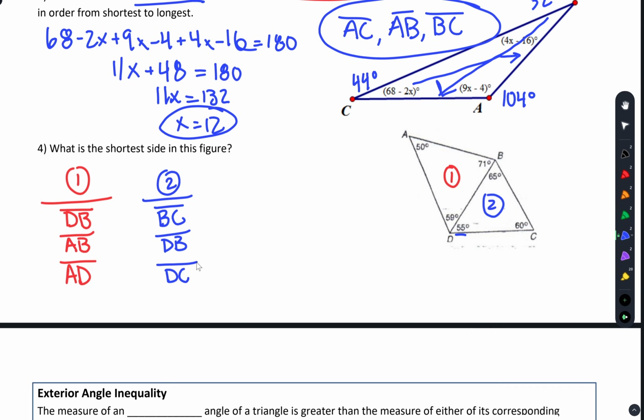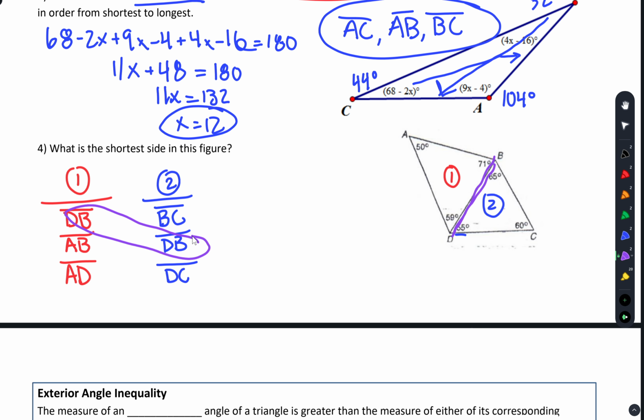What do we see here now when I compare these two triangles? Do we see that DB, this one that I thought was the smallest, is actually the second smallest in triangle 2? So really, the actual smallest side should be right here.